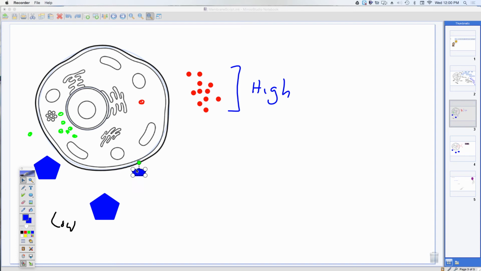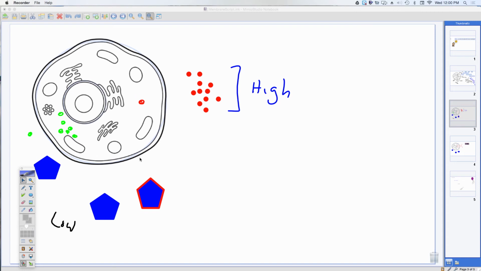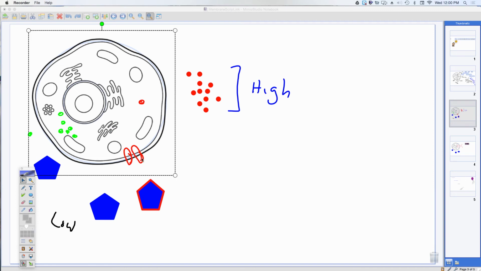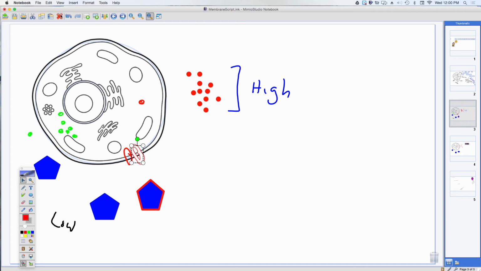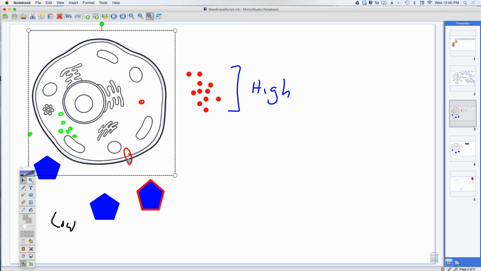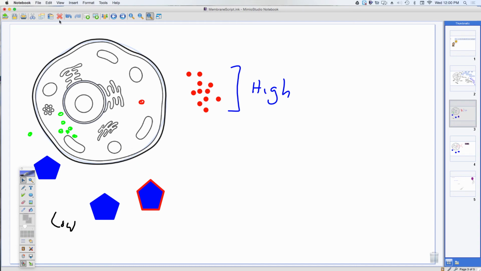Really, these carbs would be tiny, but still they are too big to pass through, and they might need a helper protein, some kind of protein channel that is embedded in the membrane that allows the carbohydrate to sneak through. But in the absence of these protein channels, we would say that the carbohydrate is not permeable and can't get through.